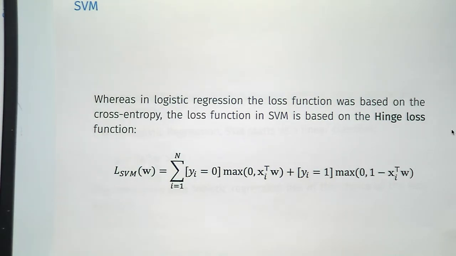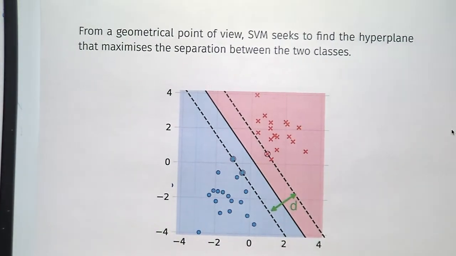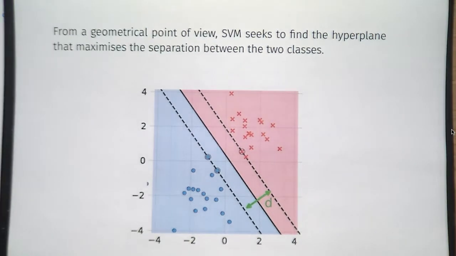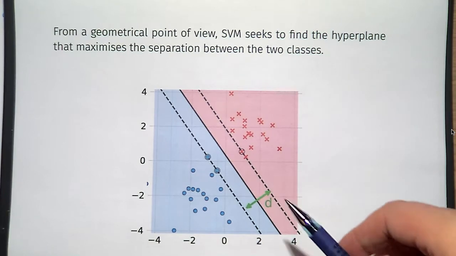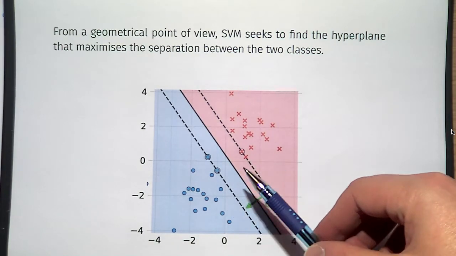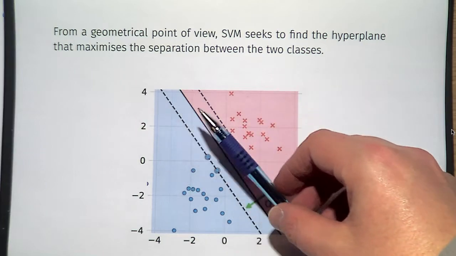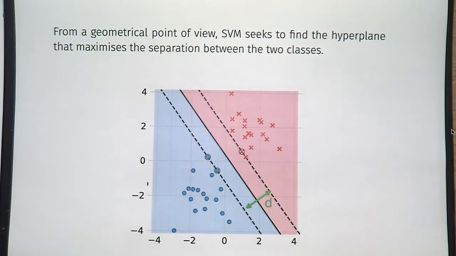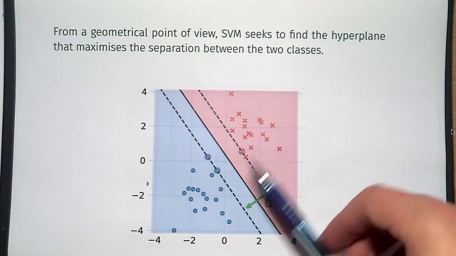So there's some kind of a geometric interpretation to that. And again, I won't go into much detail. There's way more maths behind that, especially in the optimization, how you find it. But the idea here is that if you have your two classes, you'll still be looking for a hyperplane, or a surface that will separate both classes.